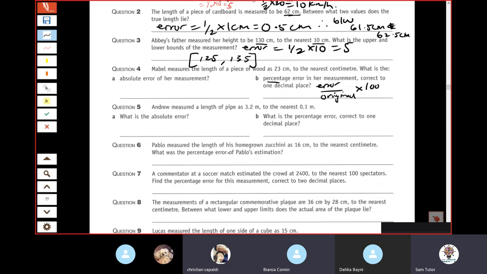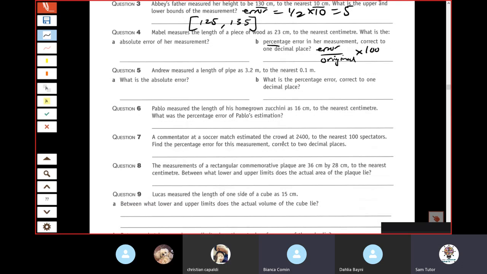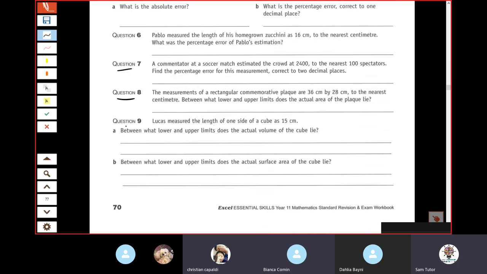We're going to do question 7, question 8, and we'll do question 9. Okay, question 7. A commentator at a soccer match estimated the crowd at 2,400 to the nearest 100 spectators. Find the percentage error.